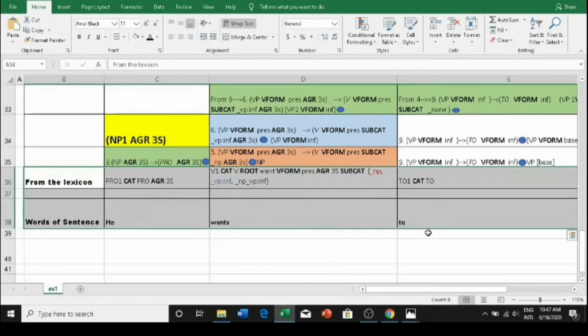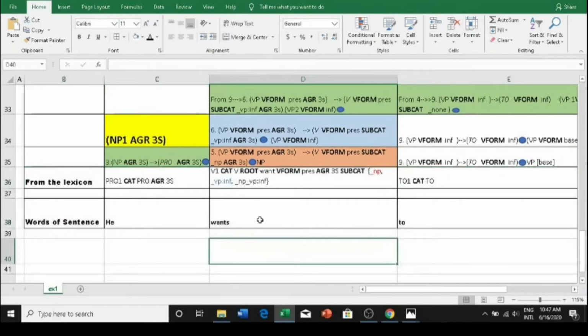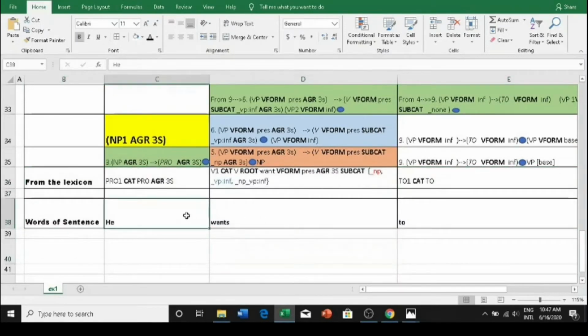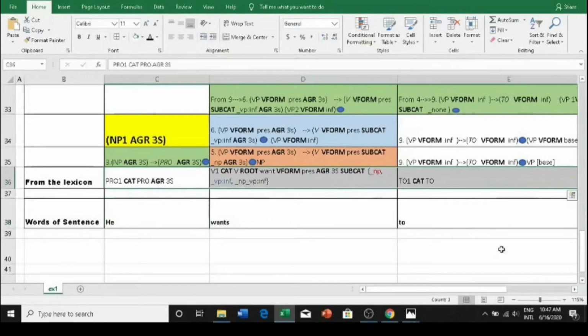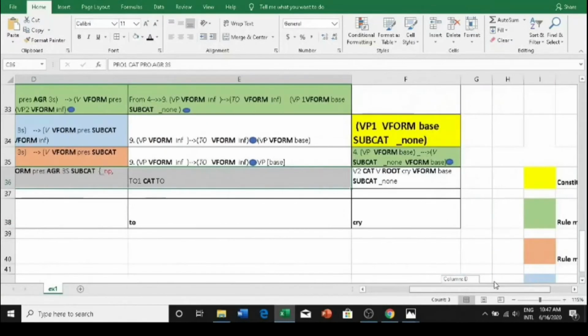Once we are done, we will start with the bottom up parsing technique for each of the words. You remember the bottom up parsing technique, and in that technique we will see the right hand side of each production of the grammar to find a match for our constituent from the word. Currently our constituents are the things that we got from the lexicon for each word.